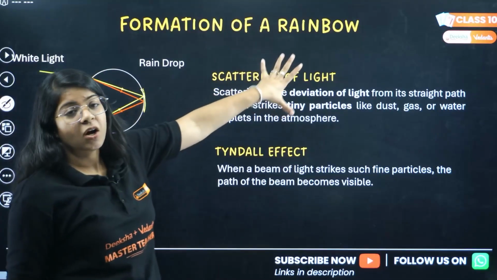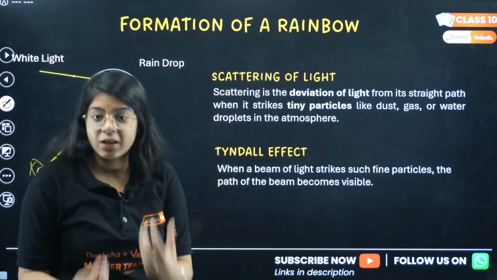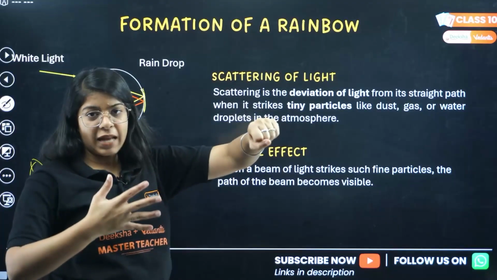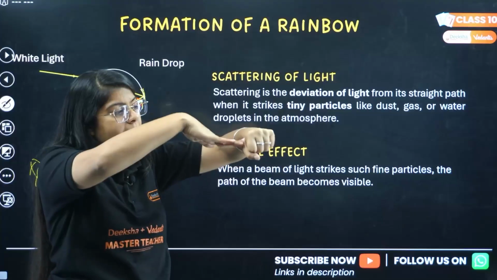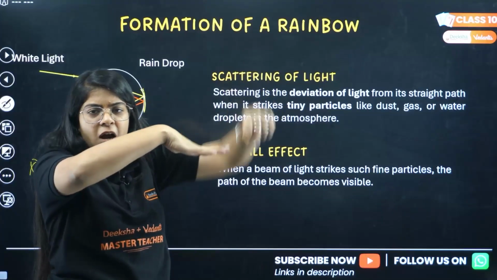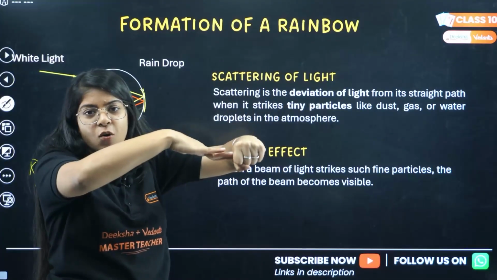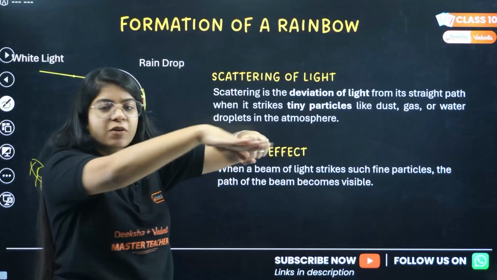Then there is another concept called scattering of light. So my light is traveling in a straight line. As soon as the light goes and there is a dust particle standing right here, it says, I won't let you go. So okay, don't let me go, I'll go from somewhere else.